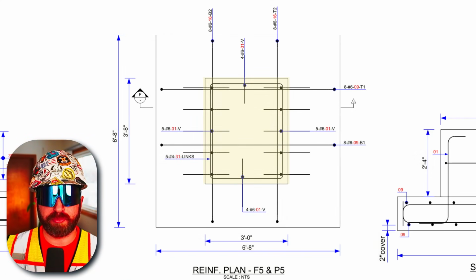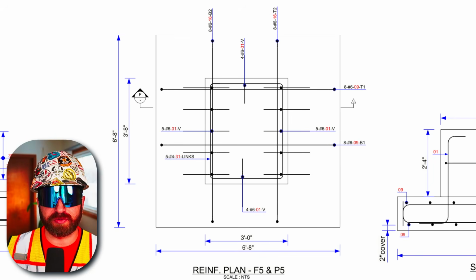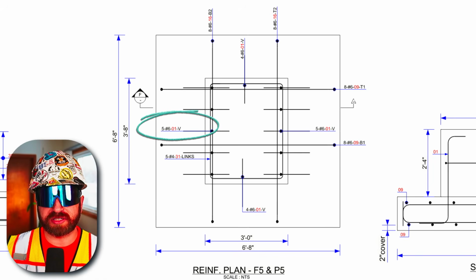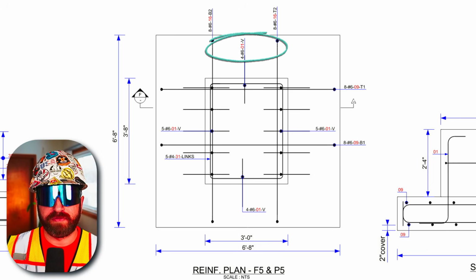All right, let's move on to our pier, which is our P5 notation back on the previous page. Okay, so we're looking at the remainder of designations for rebar on the P5 pier, and we have the following bar designations: 5-6-01-V, and then 4-6-01-V.